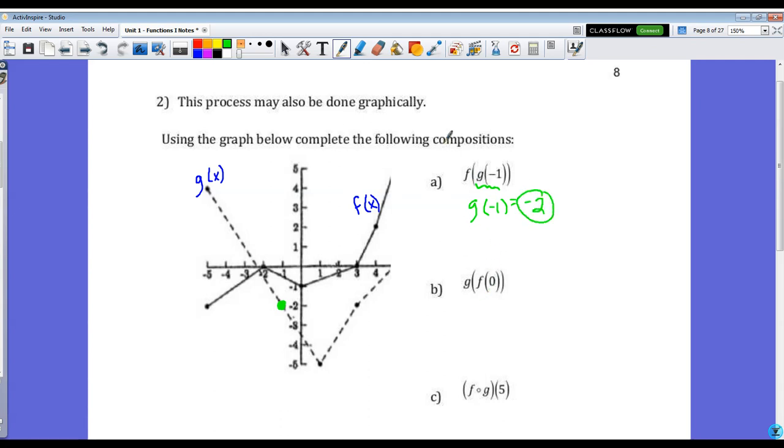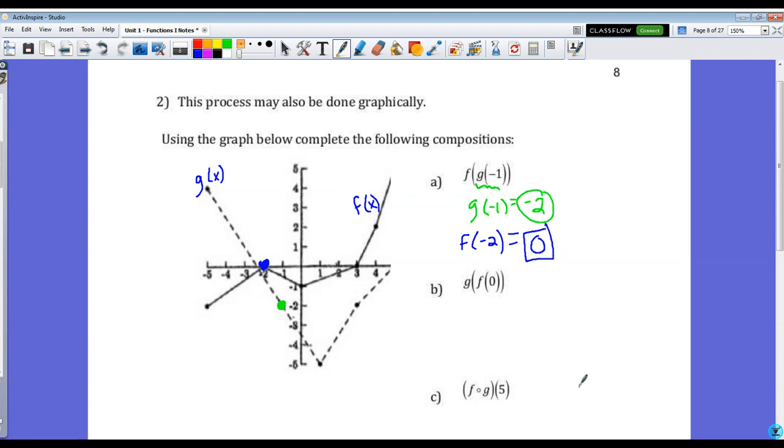So now we take that output, and that becomes the input of the secondary level of this composition. So g of negative 1 is negative 2, and then we look at f of negative 2. So here's my f of x function. When x is negative 2, my output is 0. So there's my final answer.